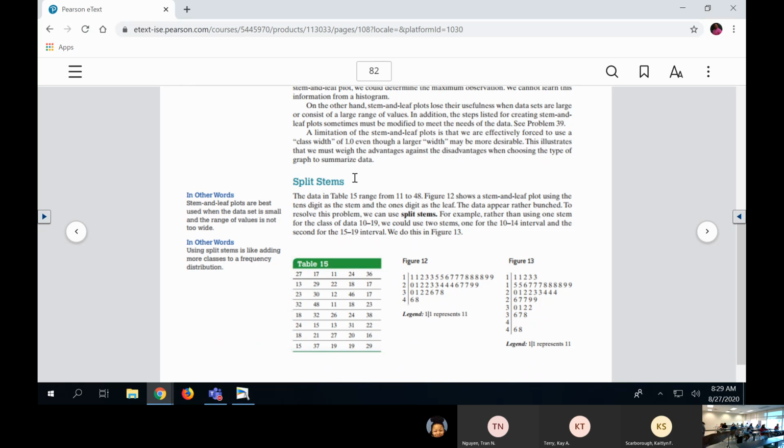So you see the 1.1, 1.2, 1.3, 1.3, and then it goes 1.5, 1.5. So those are the numbers above 1.5, and the one below, or so you have 2 ones. You have 2 2s, 2 3s, 2 4s. I've never, in 20 plus years, 25 plus years, I've never seen a, what is it called, a split stem. Again, I think they just keep adding on to the stuff.